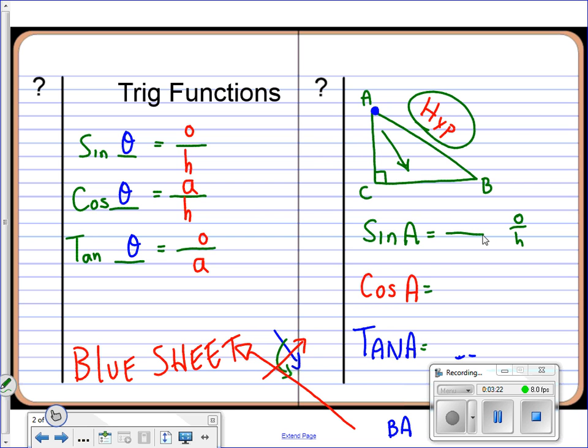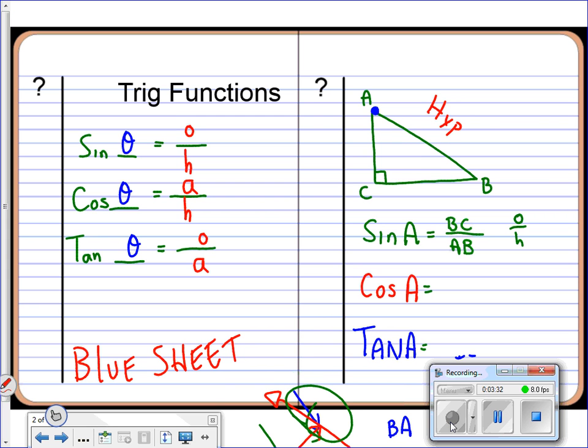So I'm going to write BC over AB. All right, let's do the next one. Cosine of A is equal to adjacent over hypotenuse. So let's see if we can figure that out. Adjacent, and then of course the hypotenuse is still the same. So we have AC over AB.